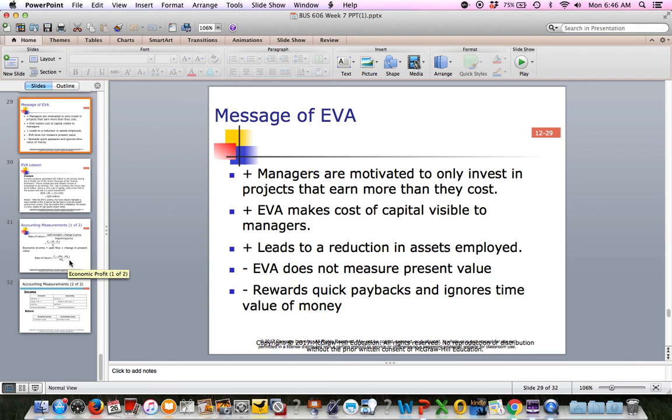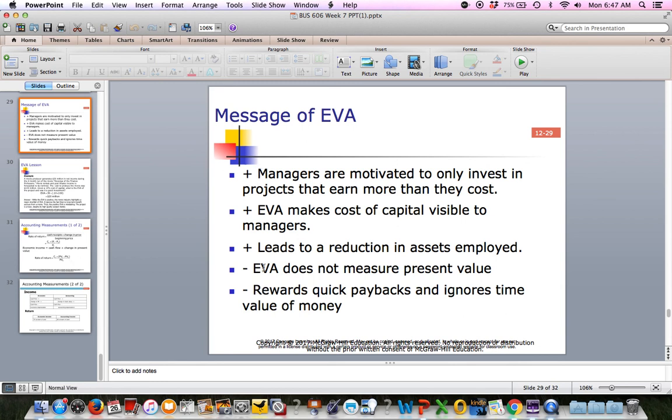So EVA, it says here: managers are motivated to only invest in projects that earn more than they cost. EVA makes cost of capital visible to managers, and it leads to a reduction in assets employed. EVA does not measure present value. It rewards quick paybacks and ignores time value of money. So there are 3 pluses here and 2 minuses.